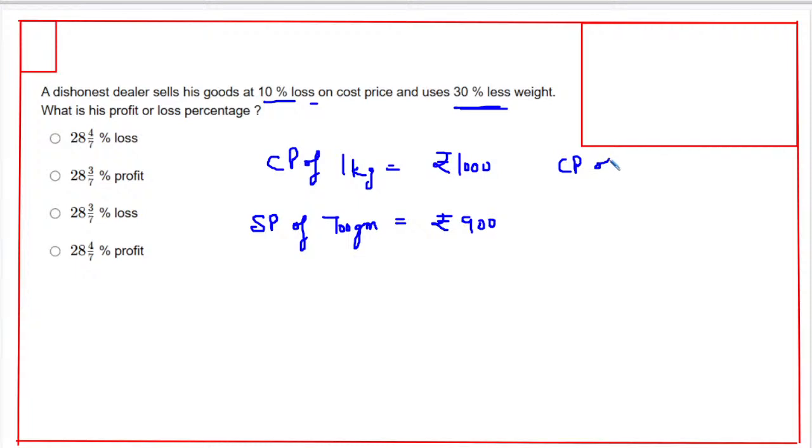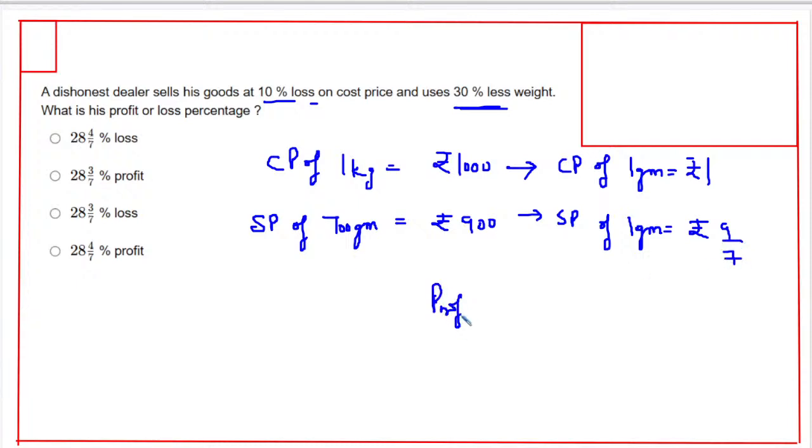So cost price of 1 gram is 1 rupee, and selling price of 1 gram is 9 by 7 rupee. So how much is the profit? 9 by 7 minus 1, which is 2 by 7. This is 28.56%. This is this option.